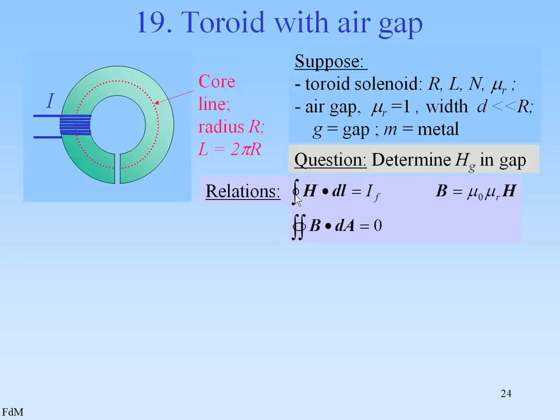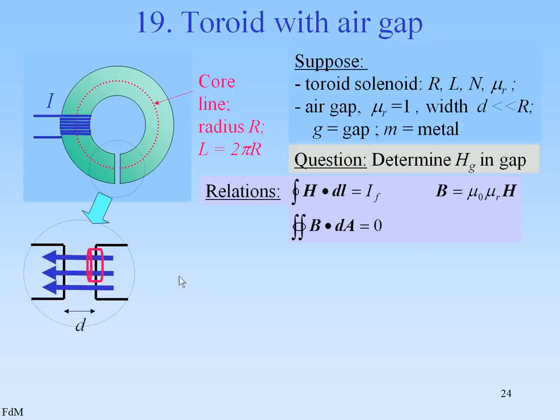We have the following interface crossing relations. The current integral over the H is the free current, and the Gauss box over the magnetic induction will deliver 0. And we have the material relation B is mu naught mu R times H. Here we have the Gauss box.